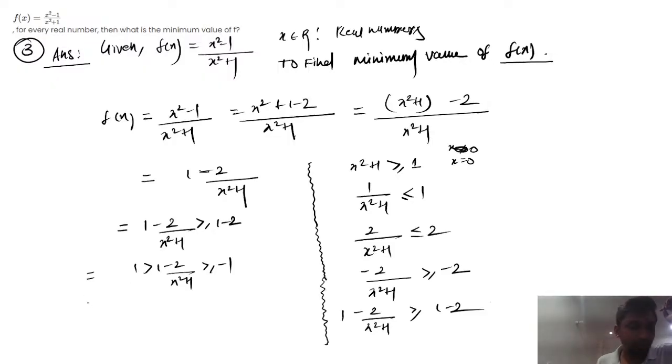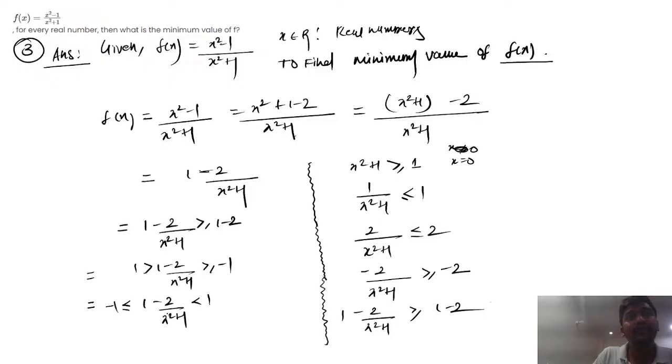So in conclusion, can we also write like this? 1 minus 2 over x square plus 1 is less than 1 and greater than or equal to minus 1. Any doubt here? Okay. And what is this? This is f(x).